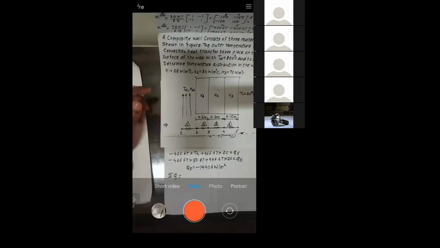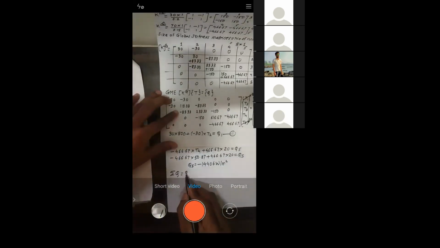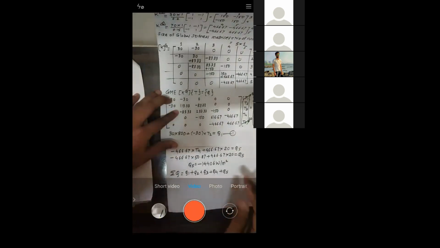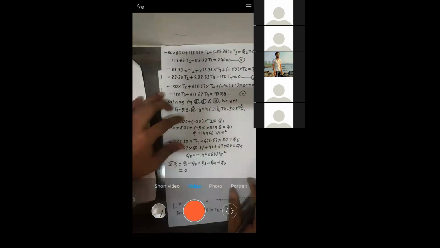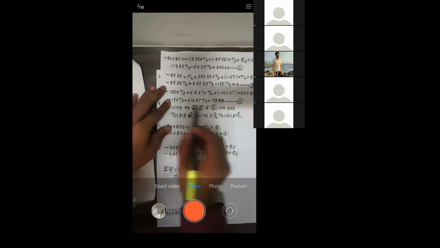So just see what value of Q1, Q2, Q3 and Q4 you get, and add these values. So you'll get it is equal to 0. That means whatever temperatures we have got are correct.